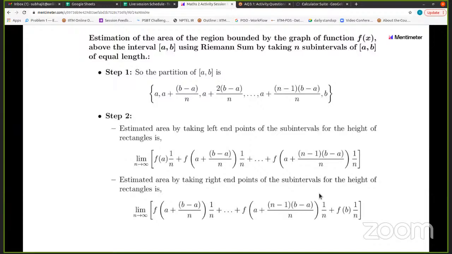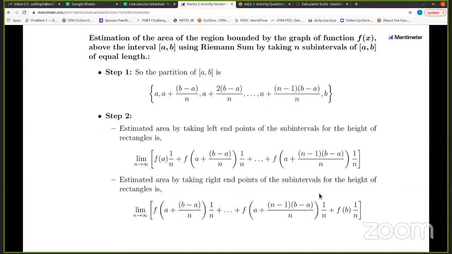Then when we are taking the left hand points, the area will be f(x0) into 1 by n, f(x1) into 1 by n, to f(xn minus 1) into 1 by n. That is from the left hand side. And from the right hand side, it will be f(x1) into 1 by n till f(xn) into 1 by n. So that will be the right endpoints of the subinterval.